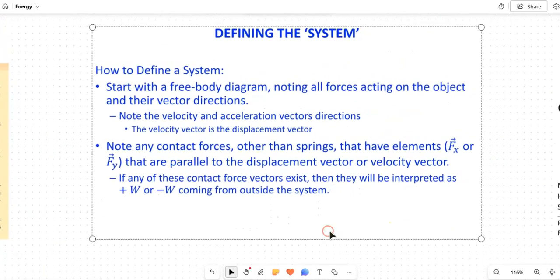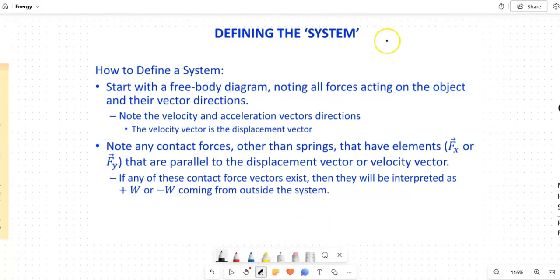So I was talking about what a system is and how we're going to define it. In this case, what I kind of do, which you could do, is define what is physically working on the system. So we're going to be doing a free body diagram again.